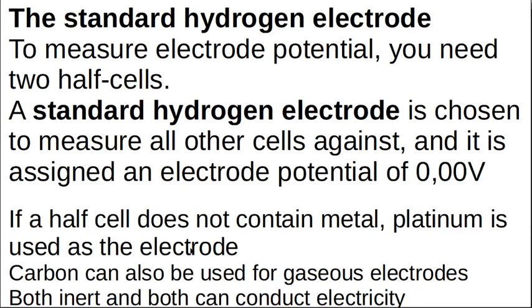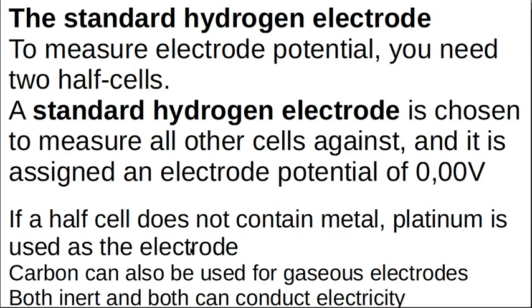Now you may have noticed in the middle of that table there was a hydrogen reaction, and you might be thinking to yourself, how do I get a hydrogen metal electrode? It's impossible. Or is it not impossible? We use a standard hydrogen electrode.